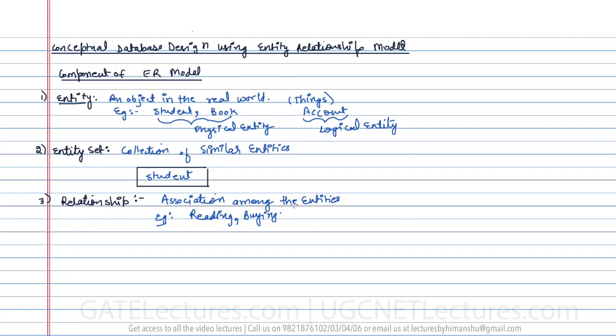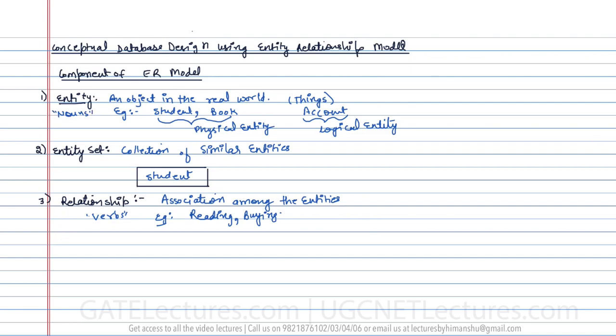If you have a book and a student, then the student may be reading the book, or a person may be buying something. That is why relationships are generally represented with verbs and entities are generally represented with nouns.